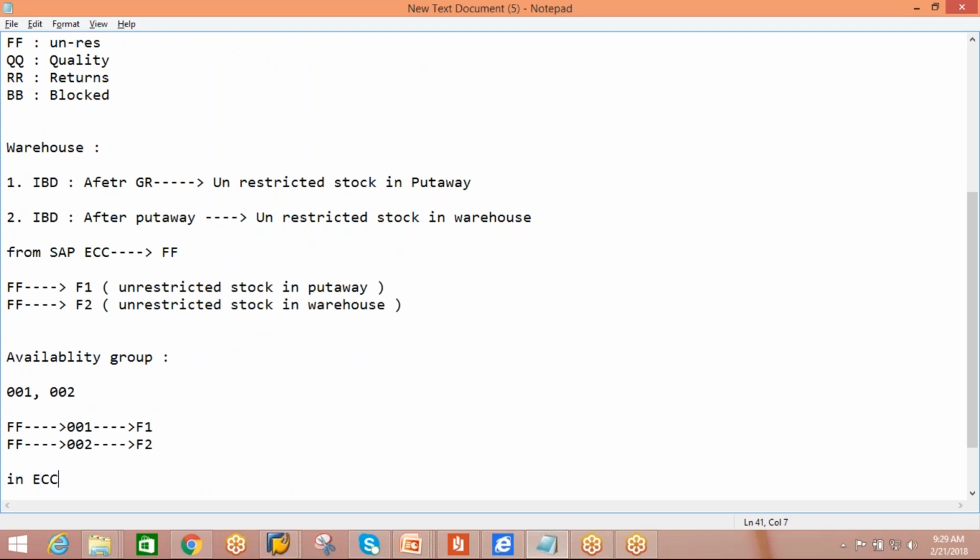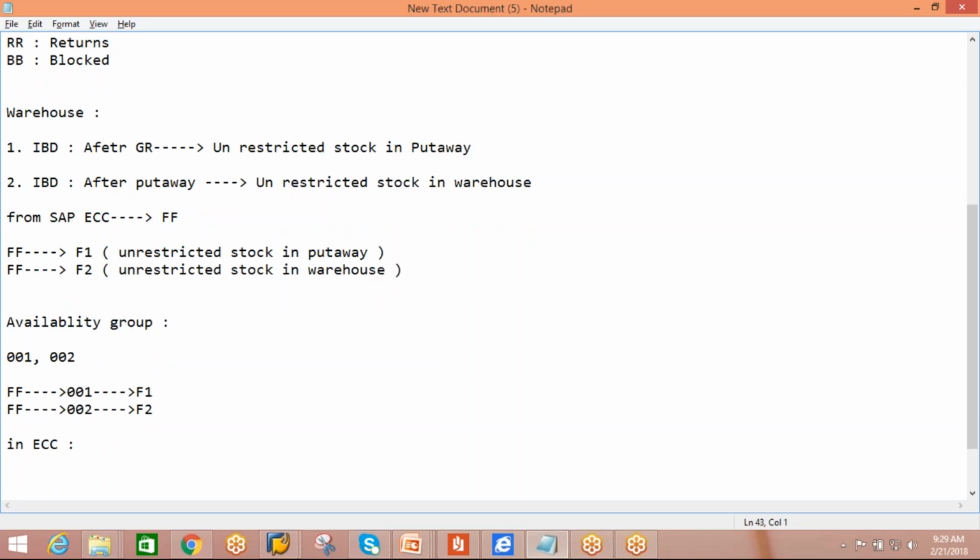In ECC, I want to see my goods in the receive on dock storage location if it is under F1 stock type, means unrestricted stock type.